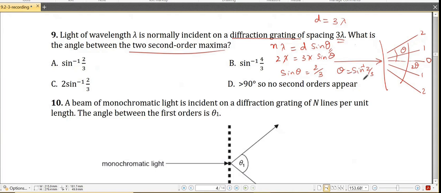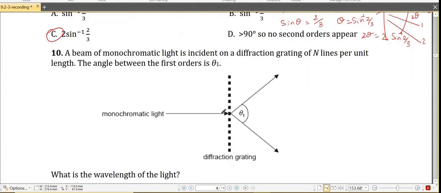We want 2 theta. So 2 theta will be equal to 2 sine inverse 2 upon 3. Therefore, the answer is C. Always draw the diagram to see whether they are asking for theta or 2 theta. So this is always a tricky question.